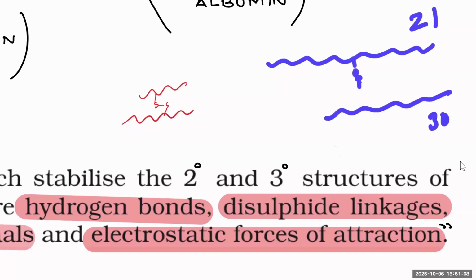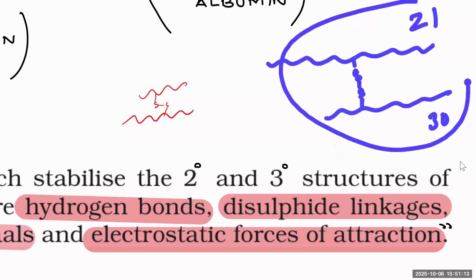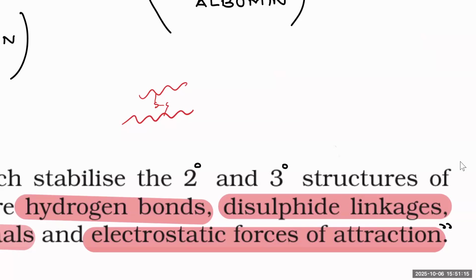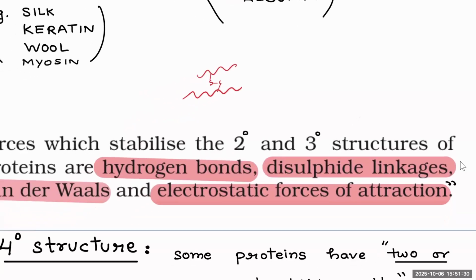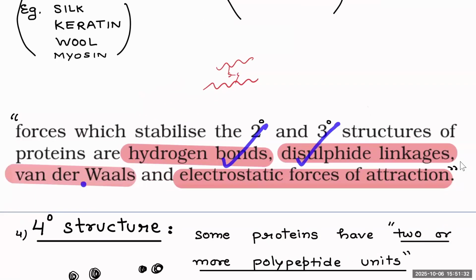Between these two, there is a linkage of sulfur and sulfur. That's how it is connected. That's how it becomes insulin. So the two longer or primary sequences are being connected by sulfur-sulfur linkages. Agreed? So that's how 2 degree, 3 degree can show hydrogen bonding, disulfide linkages, or basic van der Waals attractions. These are the types of forces of attraction you will notice.